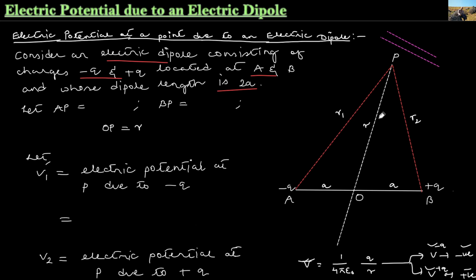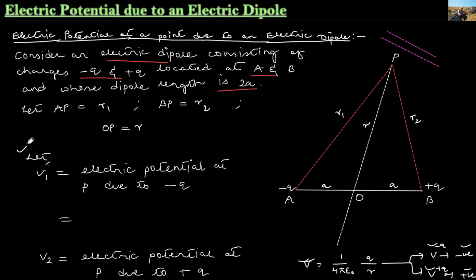So these are our respective distances. So AP equals r1 and BP equals r2. These are our respective distances from the charges: AP for minus q, BP for plus q.